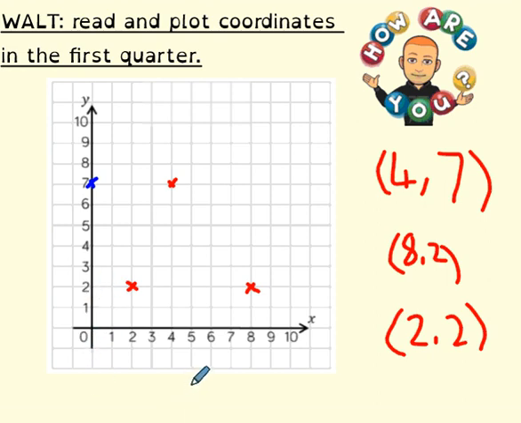So my coordinates would be 0, 7. You will always need 2 values when representing coordinates. Just because it's not moved along doesn't mean you don't have to put the number in. You always need to have 2 numbers inside brackets separated by a comma to be able to plot and explain where coordinates are.